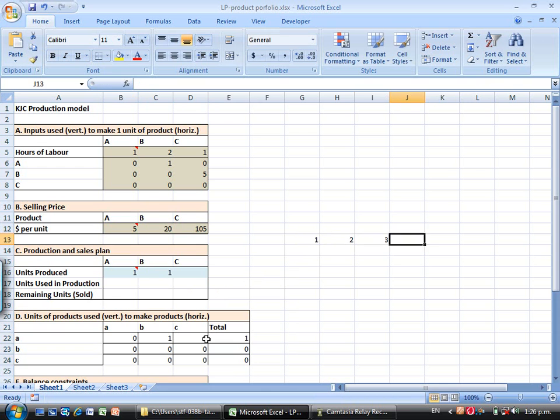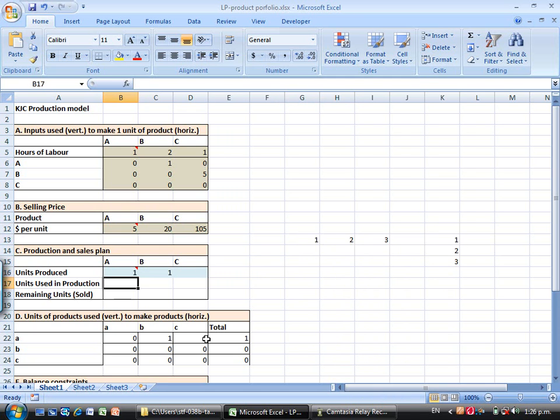And what transpose will do is it will take what is on the horizontal and it will make it onto the vertical, like that. So if we transpose that, we will get that.